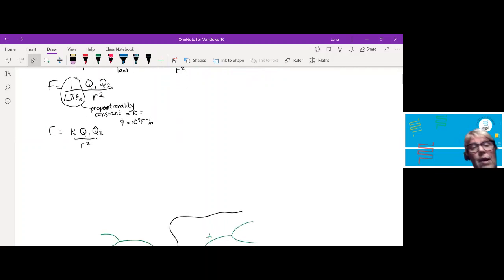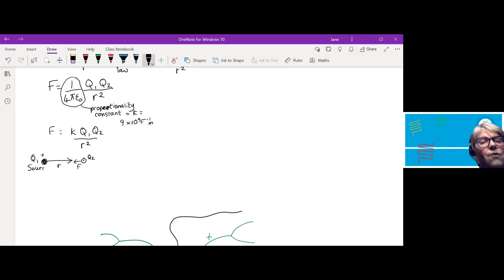And if we take a charge, Q1, let's say it's a positive charge, and we take from that the R from that Q1 source charge, then if we have another Q2, and it's a negative charge, for example, then that would be attracted, and you can see that the force would be in the opposite direction to the radius or the distance from the source charge.